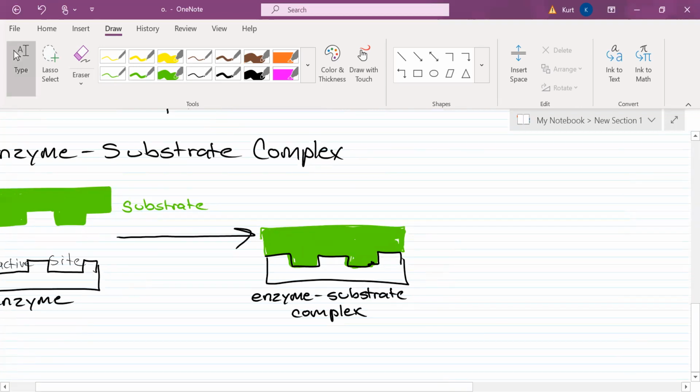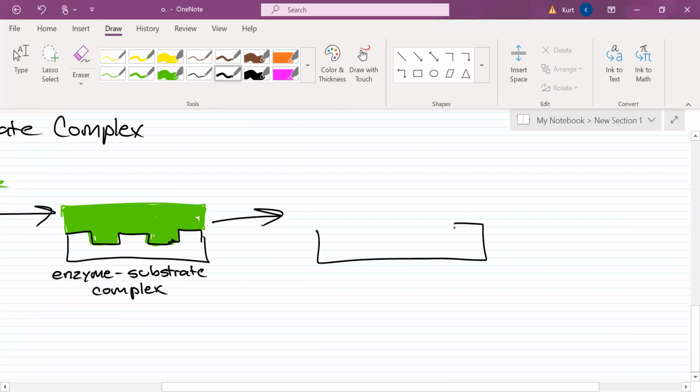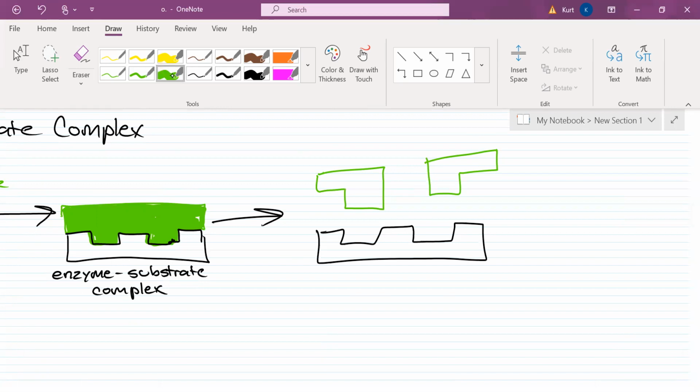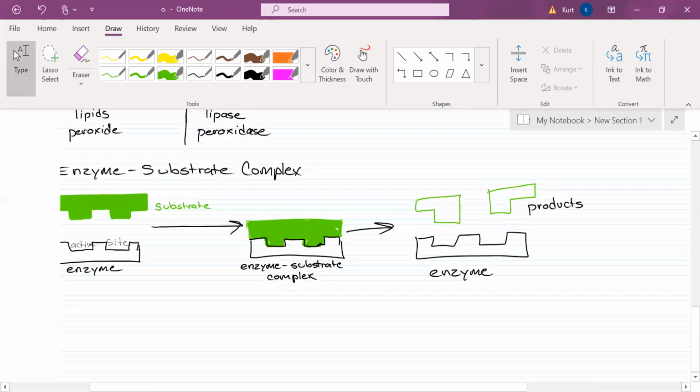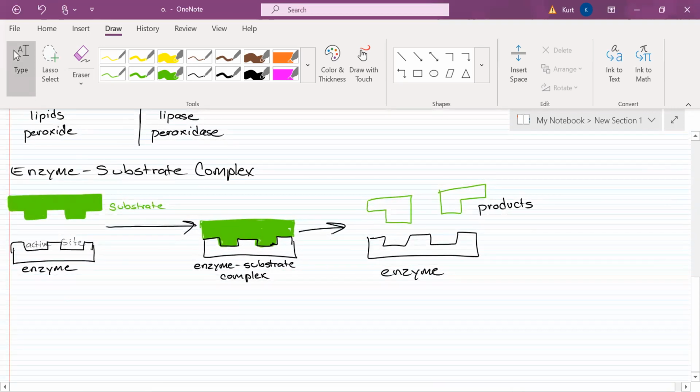This substrate would have broken down on its own, but this is going to speed it up by quite a bit. And so by the time you're all done, what you have now is your enzyme and you have your products. This is known as an enzyme substrate complex or enzyme substrate interaction.